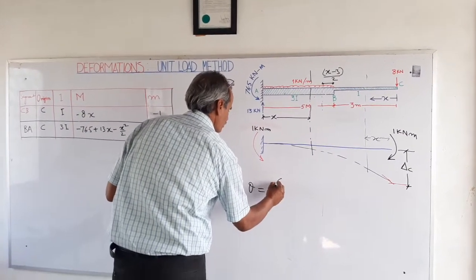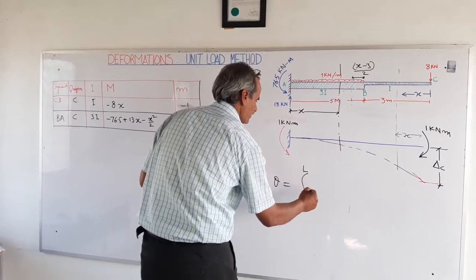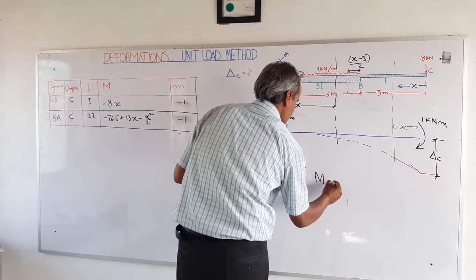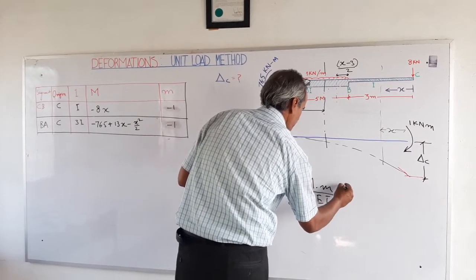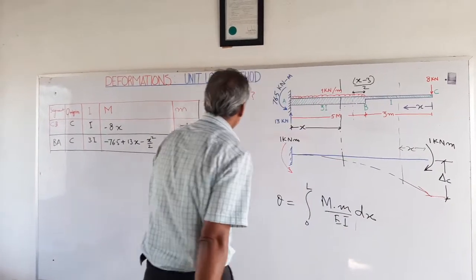And for this one, we will again refer to that equation, that is equal to 0 to L capital M into small m divided by EI multiplied by dx.